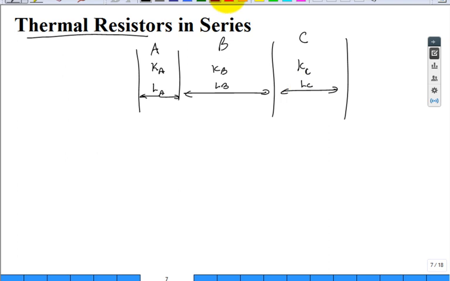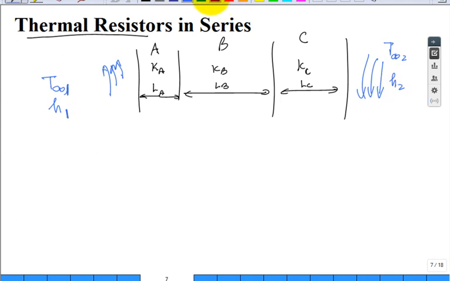And then you could have some fluid on this side, characterized by some temperature far away and some convection coefficient. Let's call this T infinity 1 and H1. And over here we could have another fluid, characterized by T infinity 2 and H2. You can get pretty complicated problems.